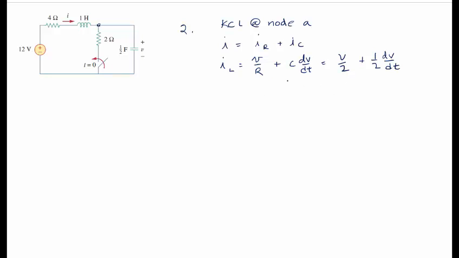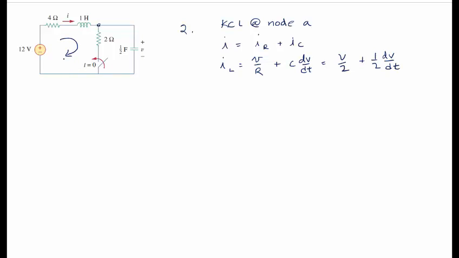Okay, so I still have an I, I have a V, I have a dV/dt. I still don't have a pure equation in either I or V, which I need to get my second order differential equation. So now I'm going to do KCL around this loop.